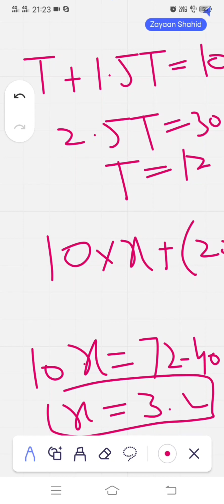Then we find the moments about some specific point, and then we can find out the value of unknown lengths and unknown forces. In the same pattern, we can solve the next question 7. Okay.